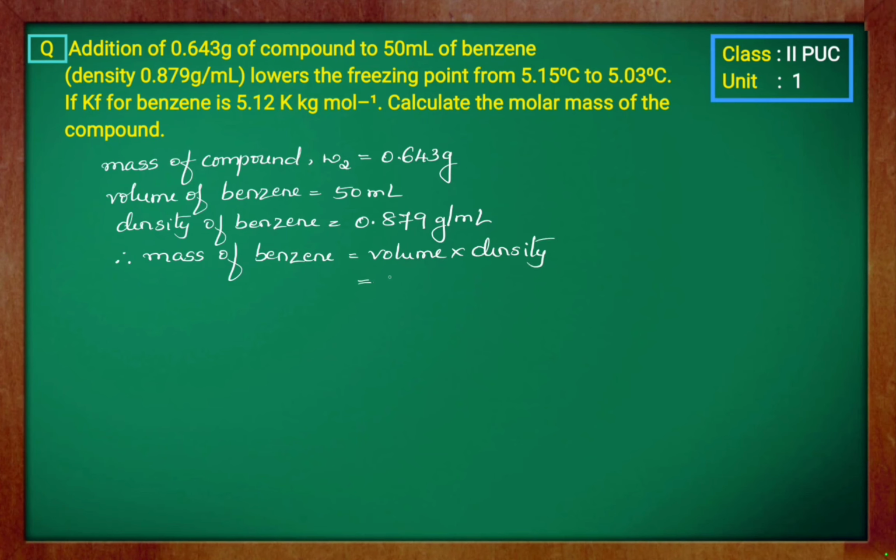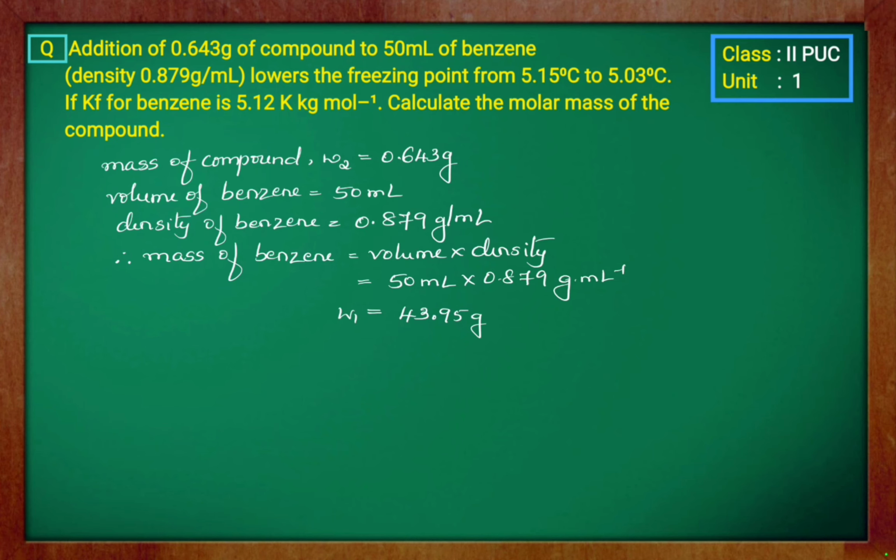That is equal to 50 ml into 0.879 gram per ml, which is equal to 43.95 gram. So this mass of benzene is represented as W1.